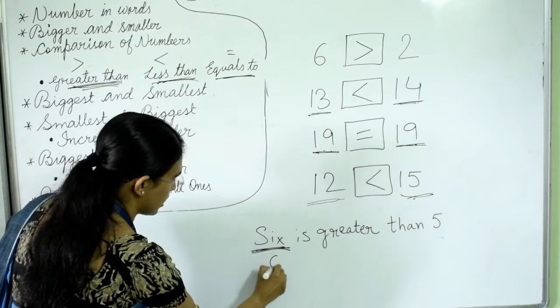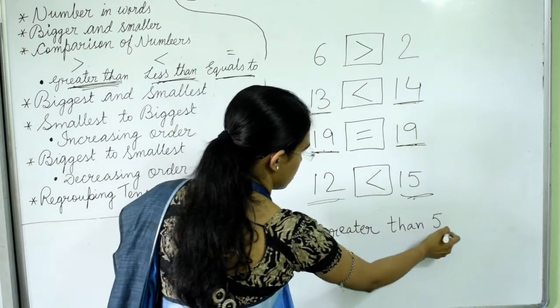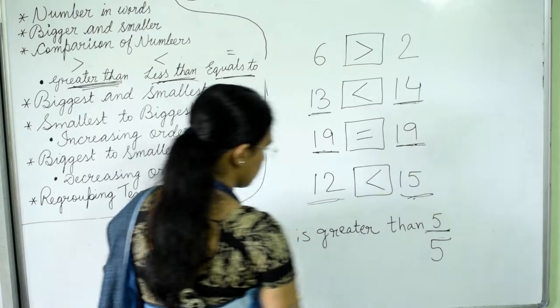Which number is this? 6. So we have written 6. Then which number is this? This is 5. So we have written 5.